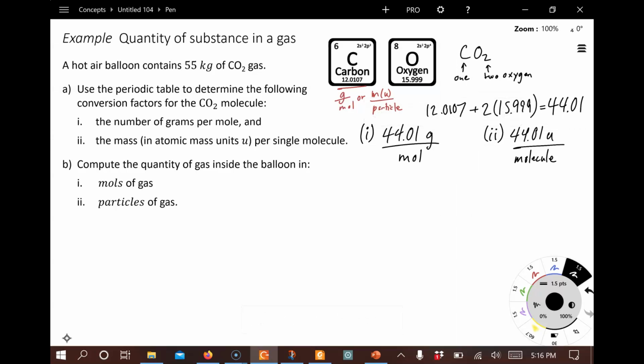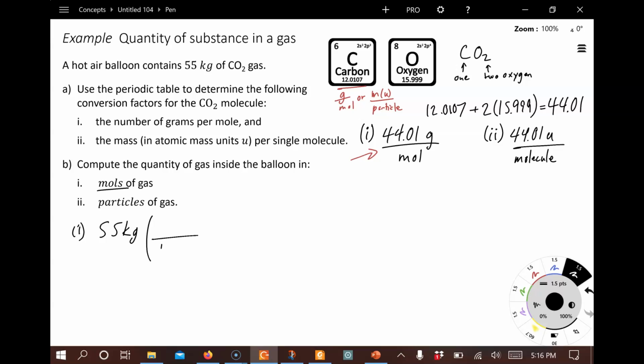All right, in part B, what we're going to do here is compute the moles of the gas in 55 kilograms. So I'm going to take 55 kilograms and I want to convert it to moles, part 1. I've got a conversion factor right here, which is grams per mole of carbon dioxide. So I'm always going to need to convert this to grams first.